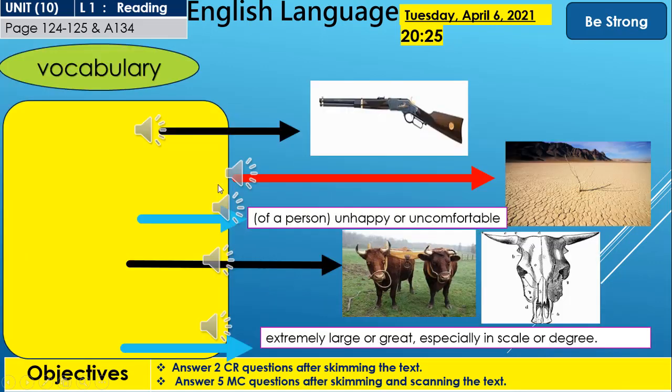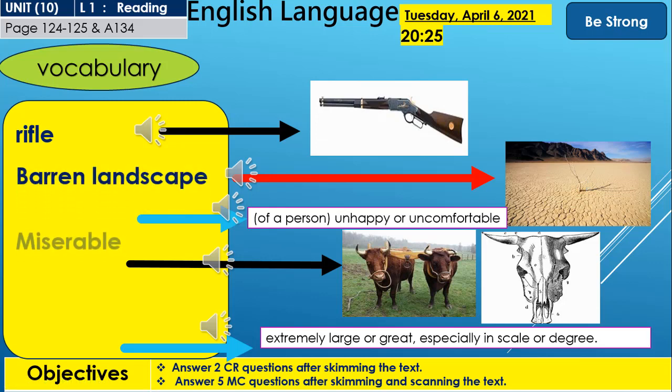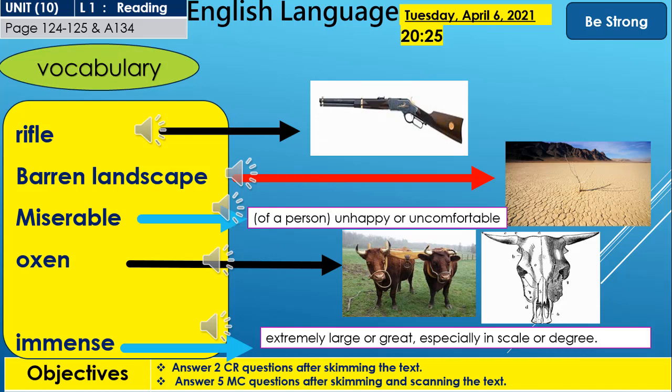Are you ready? So let's first start by learning some words, some vocabulary items, some terms that we will use along the unit and along the lesson. Rifle, barren landscape, miserable, oxen, immense.